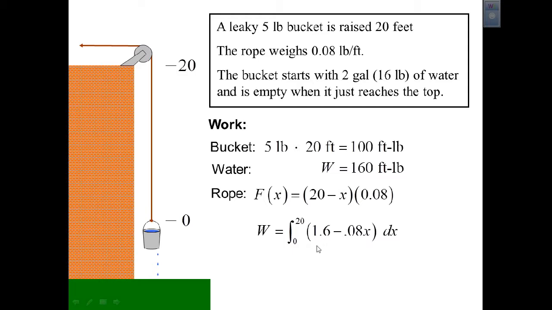So now we integrate to find the work. The work equals the integral from 0 to 20 of 1.6 minus 0.08x, that's just this thing distributed through, dx. And we take the antiderivative, evaluate from 0 to 20, and we're going to get 16 foot-pounds.